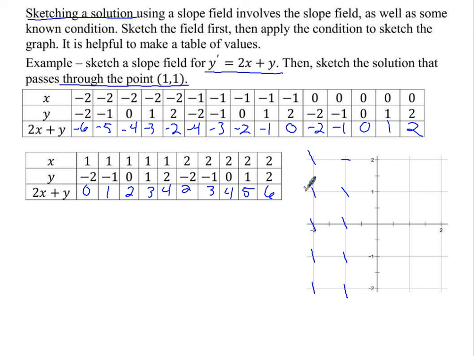So always watch for little reference points that you can use to draw on these graphs. All right, so now we're at 0, negative 2, which is negative 2, and then negative 1, and then 0, and then positive 1, and then positive 2.